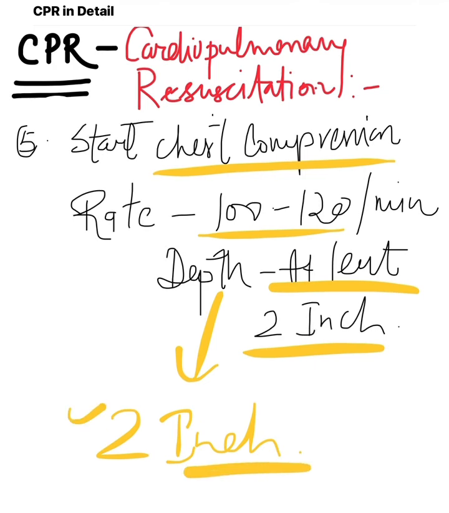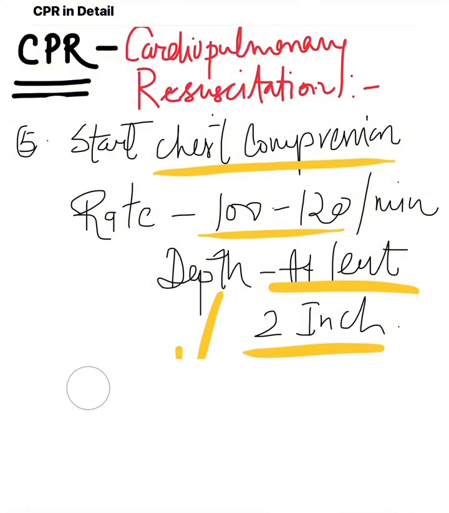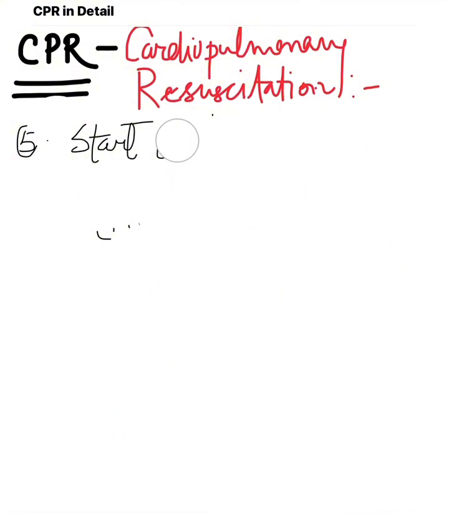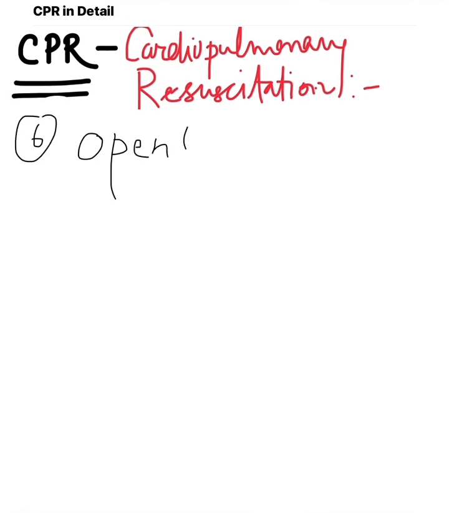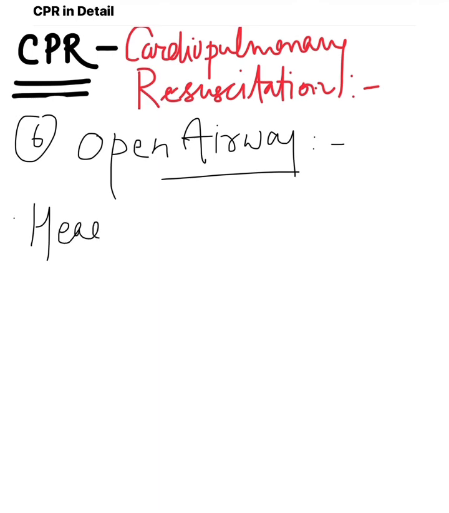Next, we have the sixth step. In the sixth step, you have to open the airway. There are some methods: head tilt, chin lift.